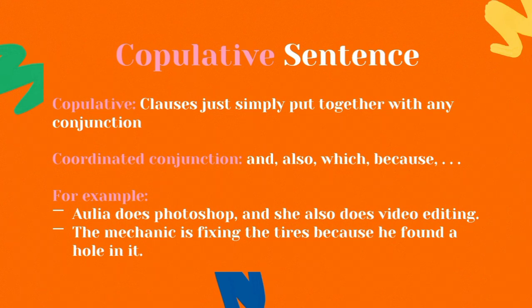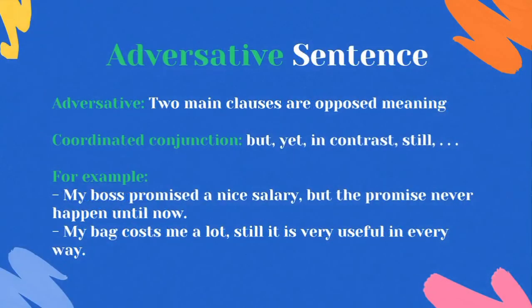From the coordinated conjunction, we see that the conjunction the sentence uses is the word and. The first clause and the second clause are just simply put together without any particular reason. So let's see the next type of compound sentence.